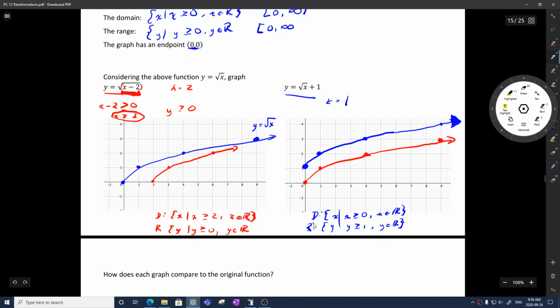But from my equation, I know I can pick this apart right here. I know that y is equal to the square root of x. Now I'm just going to write this in interval notation.